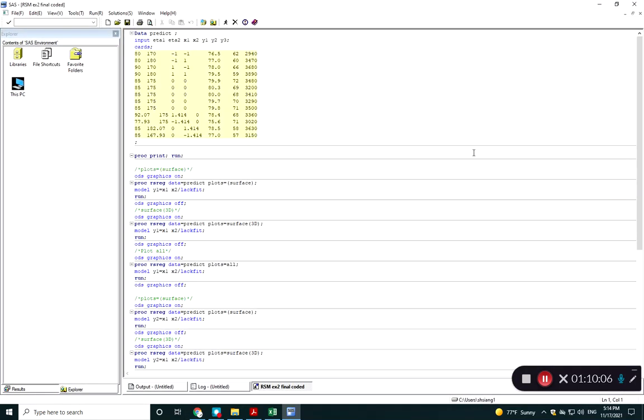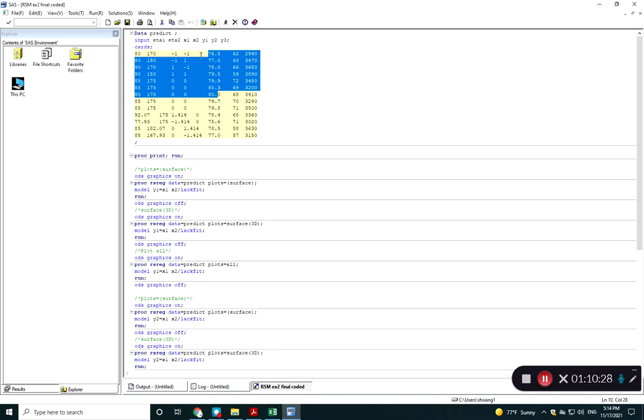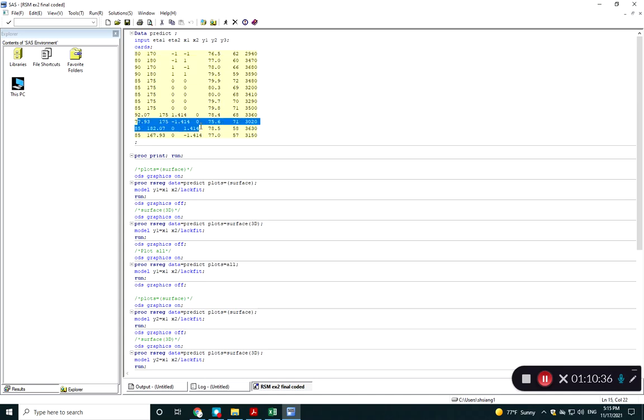The code is almost the same as before, except this time I have 3 different responses rather than 1. But if you only pay attention to Y1, ignore Y2 and Y3, can you see that I have 4 corner points, 5 center points, and 4 stretching points.